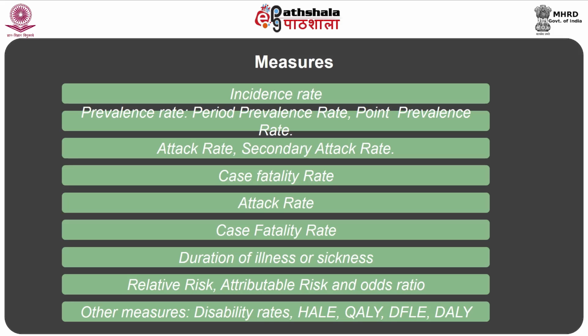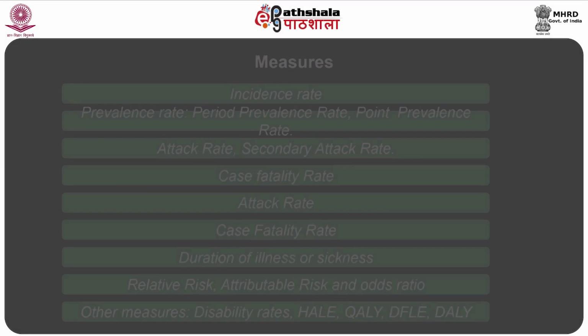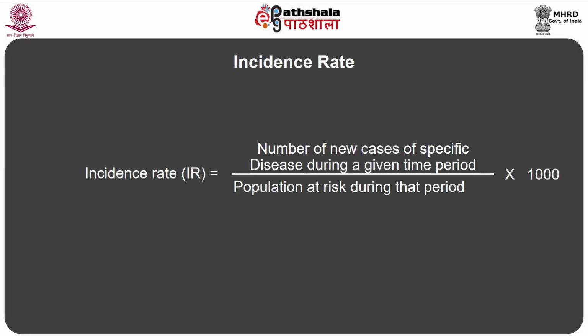Number 6, relative risk, attributable risk and odds ratio. Number 7, other measures: disability rate, HALE, QALY, DFLE and DALY. In this module, the above measures will be discussed with examples.